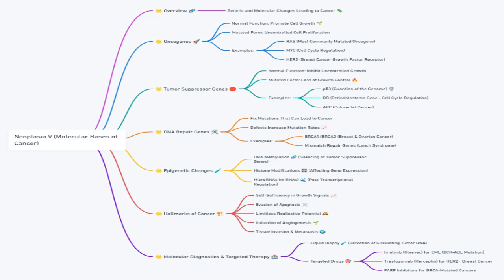Right, and another thing too is chromosome rearrangement, and with that there are two types: translocations, which is very common, and inversions.